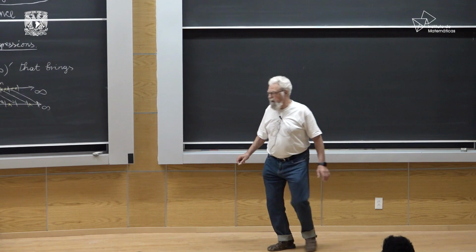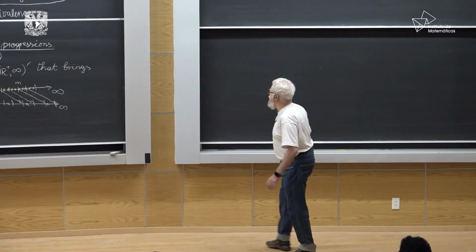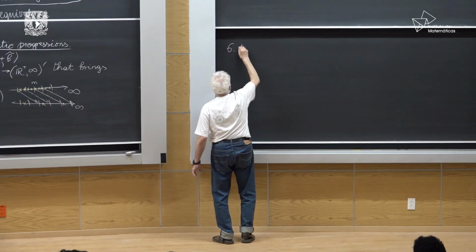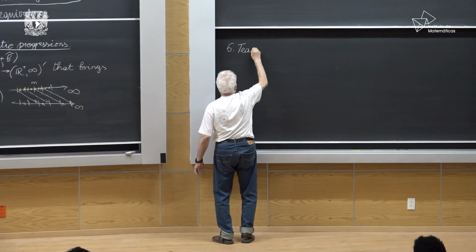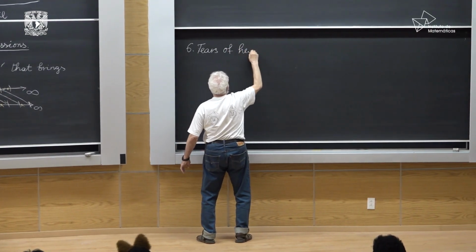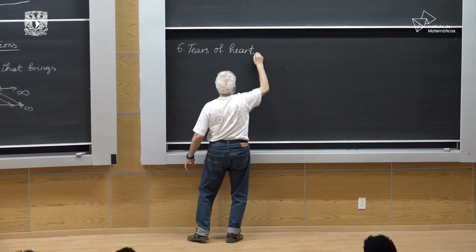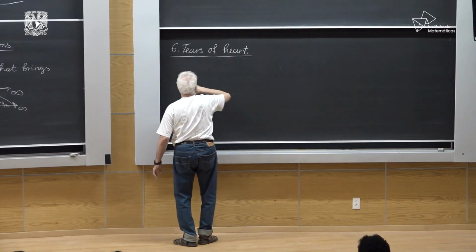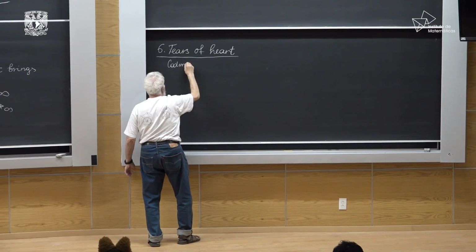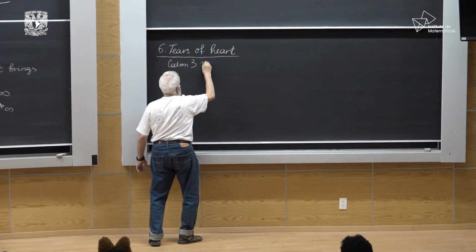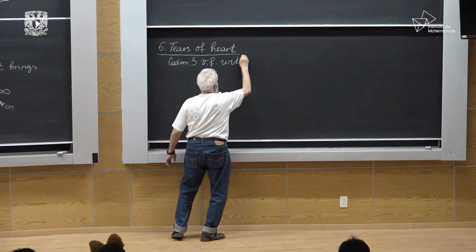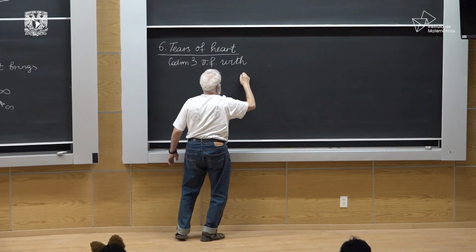And I will draw you such a vector field. We call the phase portrait of this vector field tears of heart. And it is a codimension 3 vector field with the following phase portrait.